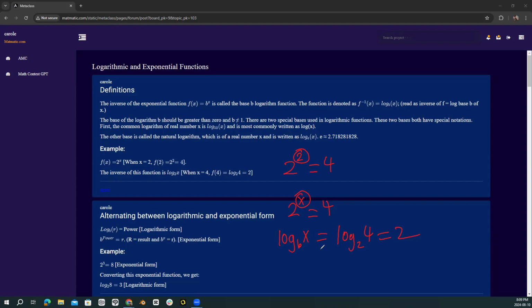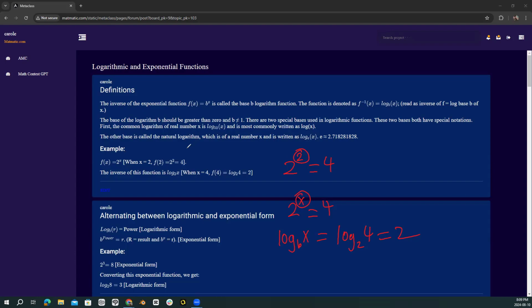Which leads us to our definition here. Essentially, the inverse of the exponential function is called the base b logarithm function. And this function is denoted as the inverse of f, equal to the log base b of x.